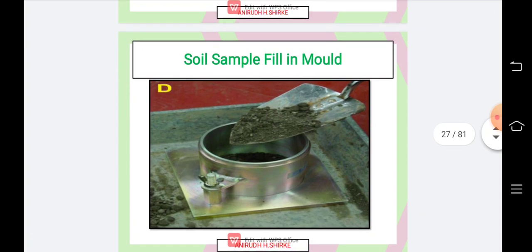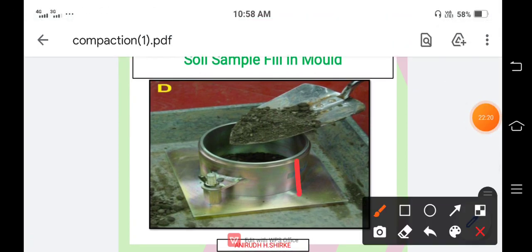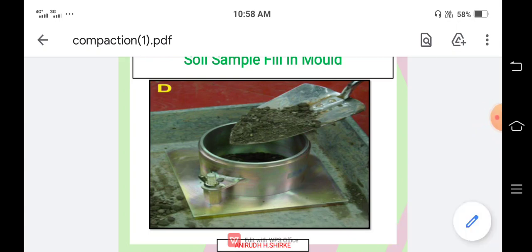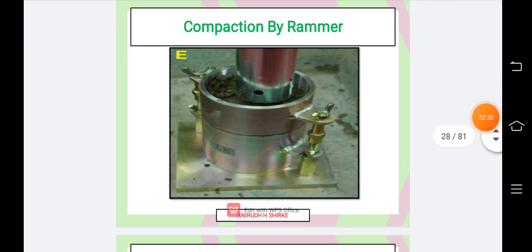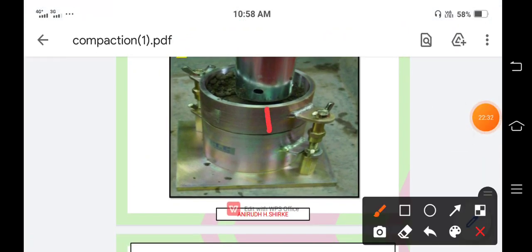So this is our mold. Note that this is only our mold, here we are not attaching the collar. Then we attach the collar to this mold. So this is only the mold, and this is the collar.